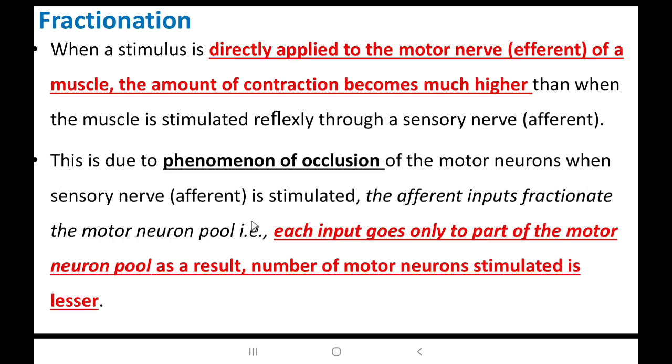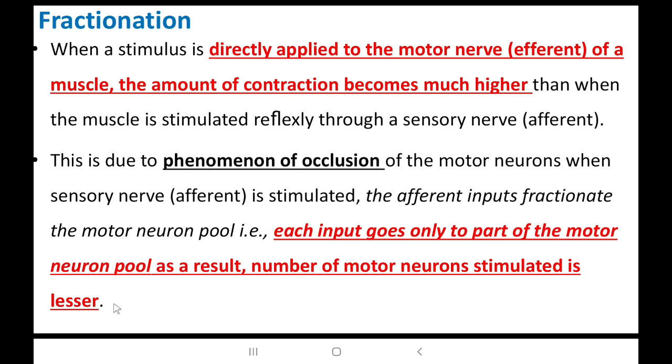When a sensory nerve is stimulated, the afferent impulses or inputs fractionate to the motor neuron pool. That is, each input goes only to part of the motor neuron pool. As a result, the number of motor neurons stimulated is lesser. Okay, so some of the motor neurons are stimulated, and the response is lesser.